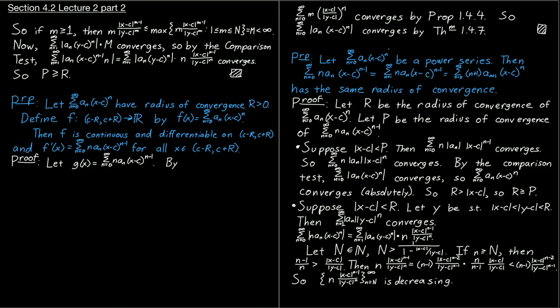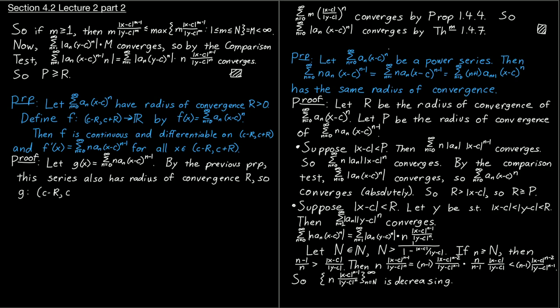And by the previous proposition, this series also has radius of convergence R. So that means that g is well defined from c minus R to c plus R. That is, g of x exists for every x in that little interval.